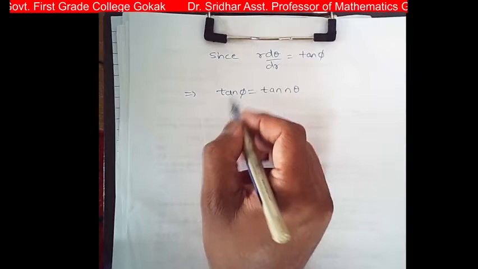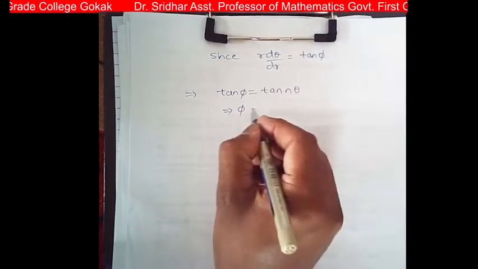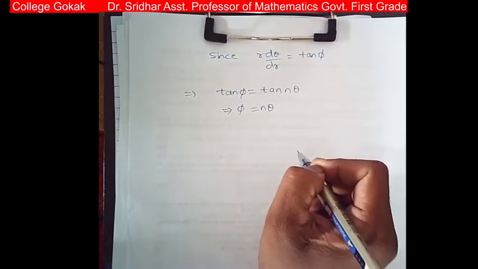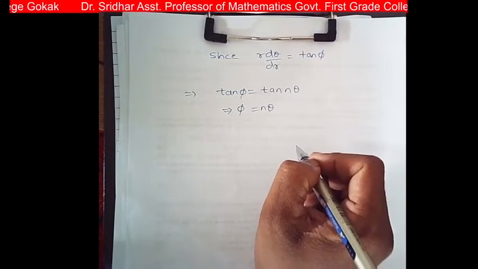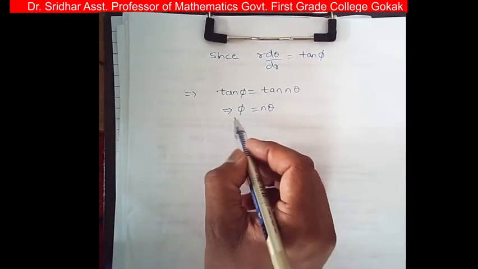Both the sides' tan get cancelled, which gives phi is equal to n theta. This is the angle between the radius vector and the tangent.